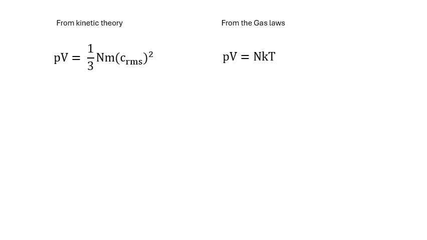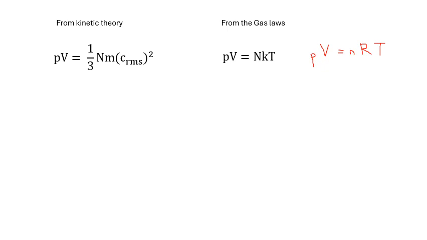We can do some clever things with this equation here. Now we've got PV is a third nm c_RMS squared. Now from the gas laws, we've got PV equals NkT. That's basically what we call the equation of state for an ideal gas. If you do chemistry, you might recognize PV equals nRT, where little n is the number of moles, big R is the gas constant, and T is your Kelvin temperature.